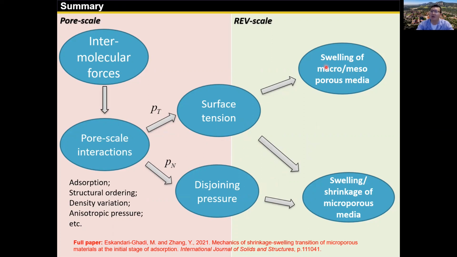So the surface tension effect alone will cause the swelling during adsorption, as Bangham's theory predicted. But for microporous media, the disjoining pressure effect must be incorporated, and it is a competition between these two that causes the initial shrinkage-swelling transition at low adsorption pressure levels.